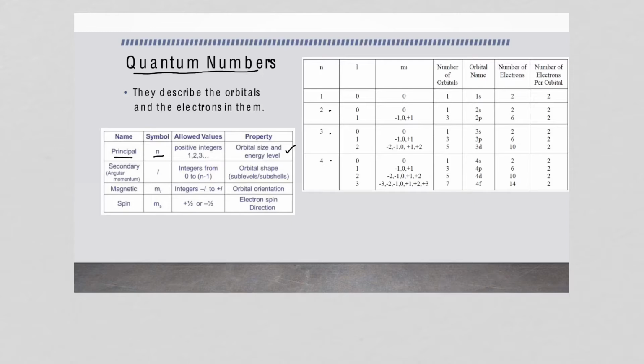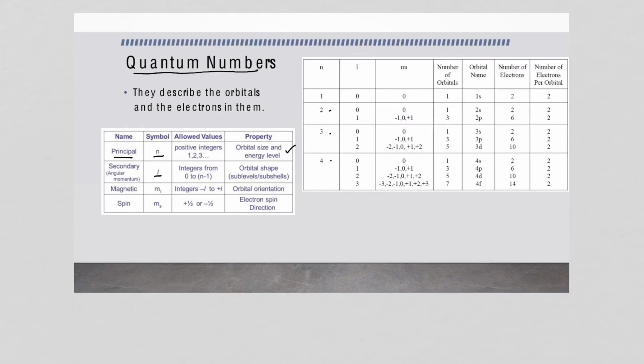We have what's called the angular momentum, or what some books will call the secondary quantum number. This book calls it the angular momentum quantum number, and it's abbreviated by this script L. It has possible values of integers between 0 and n minus 1.